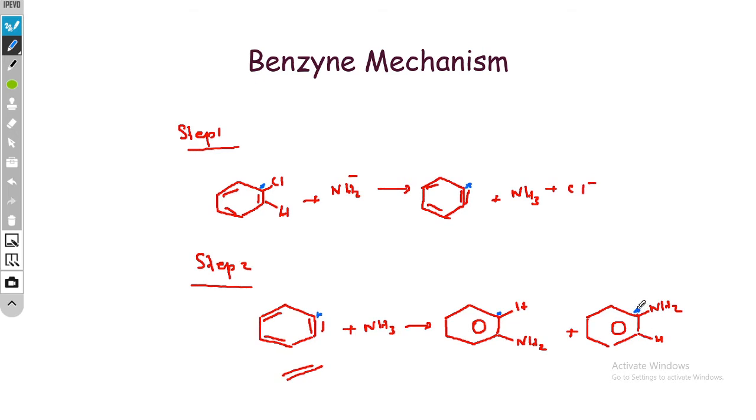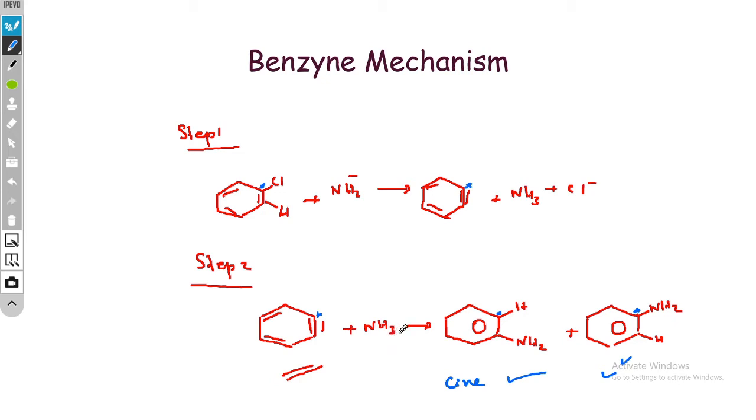If you look at these two products, you can see that this is the normal product where Cl is replaced by NH2. But here substitution is taking place at another carbon. Such substitutions are called cine substitution.